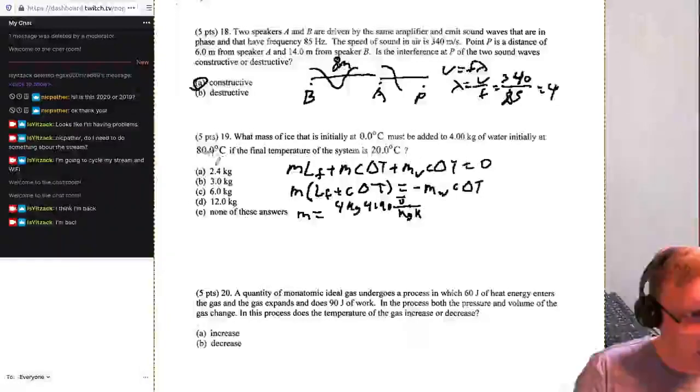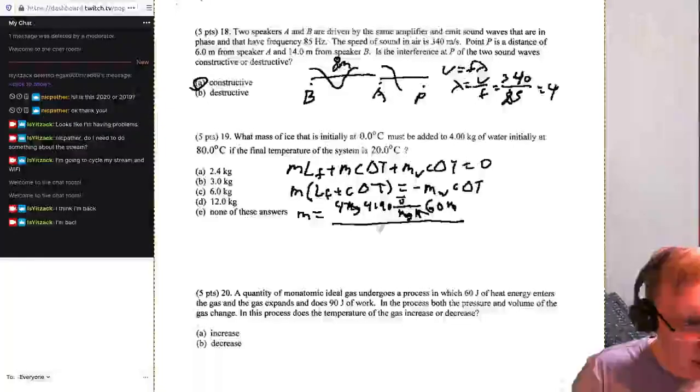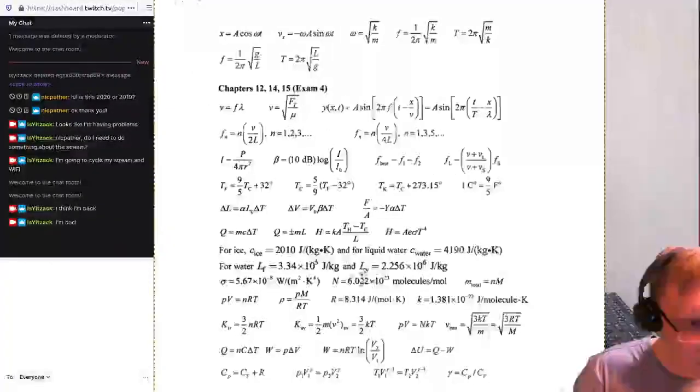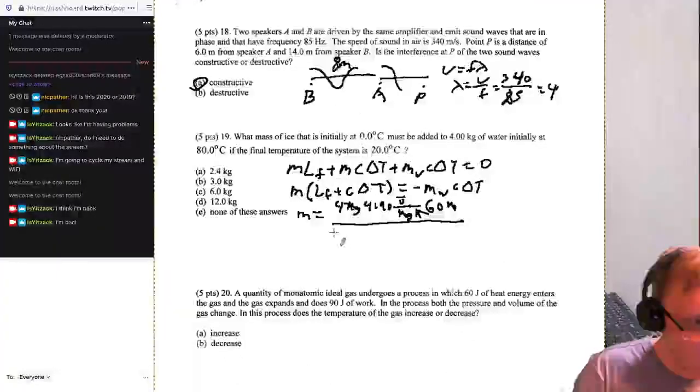This minus sign will cancel with the minus sign of the minus 60 Kelvin. Kelvin cancels Kelvin, kilogram cancels kilogram, divided by L_F, which is here, not on that page. Do L_F 334 times 10 to the 5.